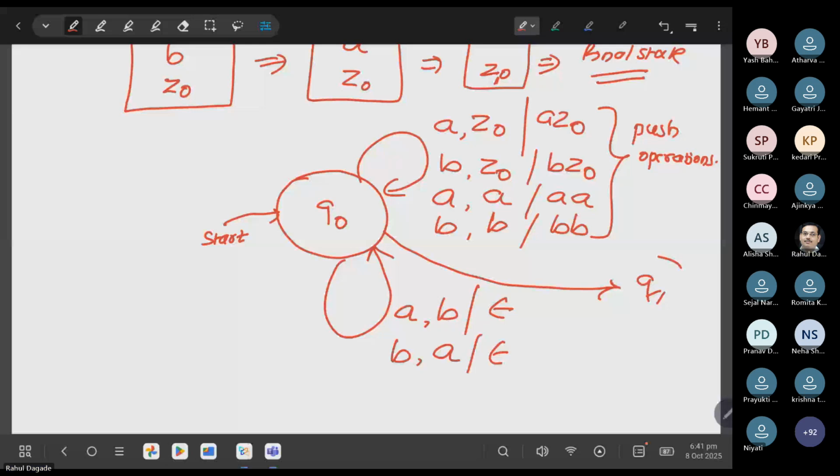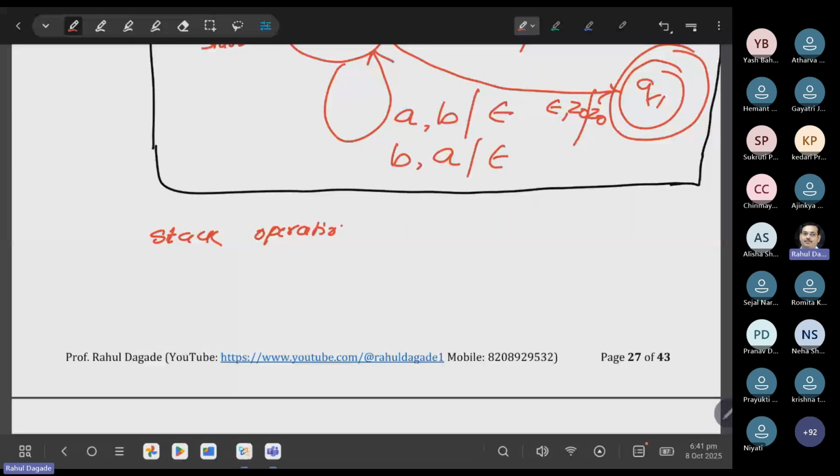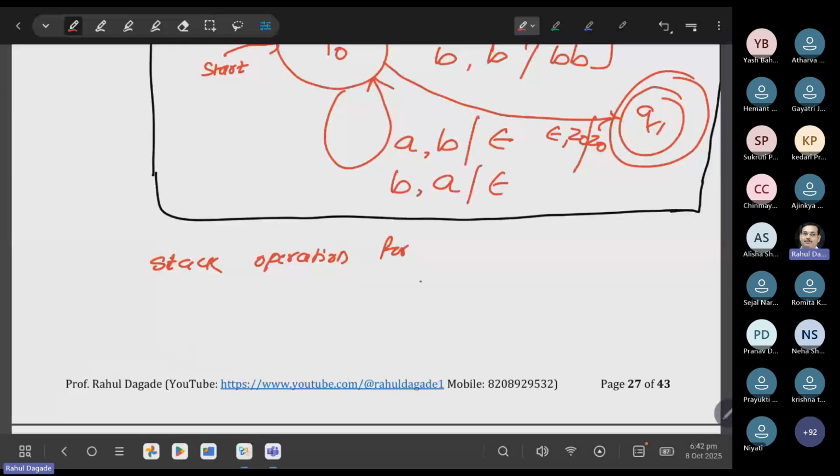Okay. Now let us try to simulate it. Let us show the stack operation for A, B, A, B, B. So here now equal number of A's and equal number of B's.